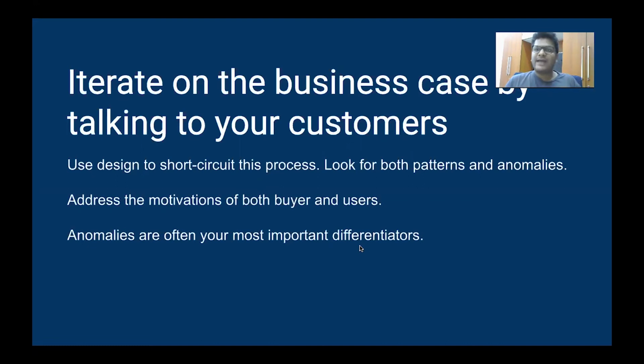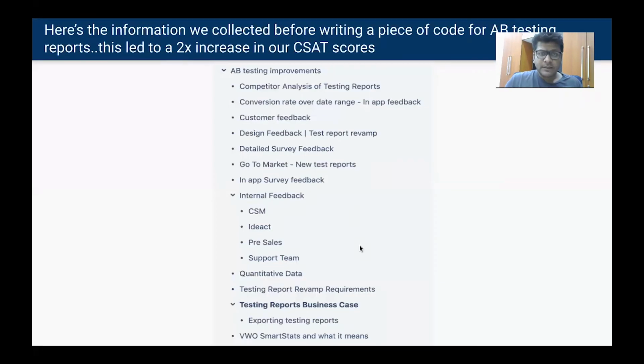So understanding that is important, especially the causality aspect of whatever changes you bring in design because of the business case. Collecting this information, iterating and optimizing it is important.